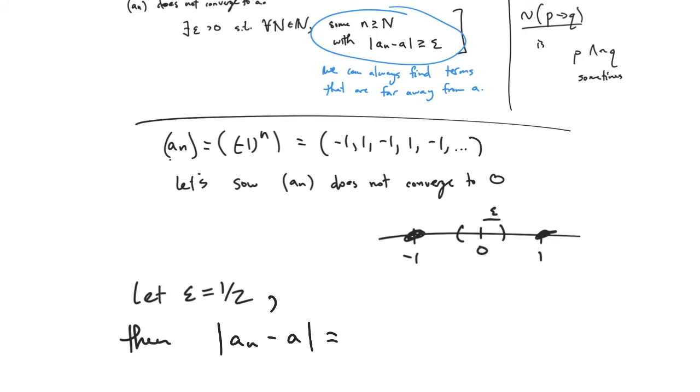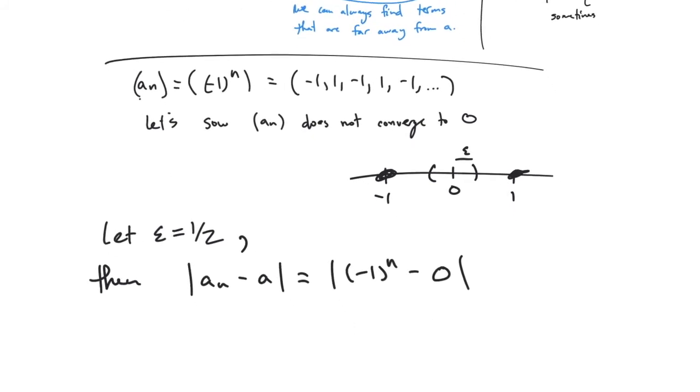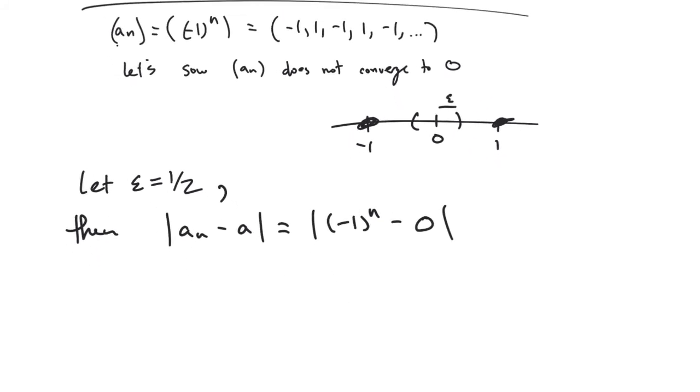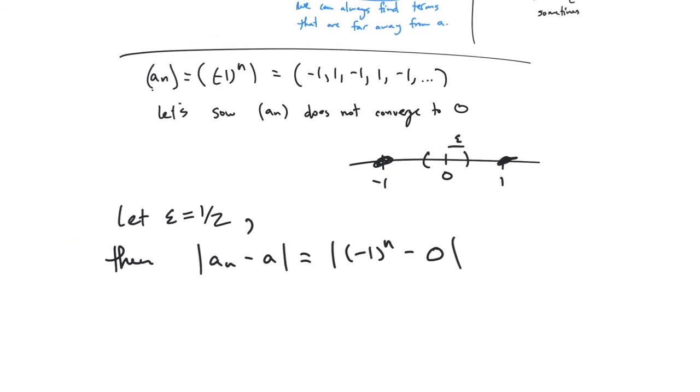Of course, in this example, a_n is minus 1 to the n, so I'll write that. And a is just 0. 0 is the point to which the alleged convergence happens, we're showing it does not converge, right? Can we demonstrate that this is greater than or equal to epsilon? That's what we would like to conclude from the thing in the blue circle.